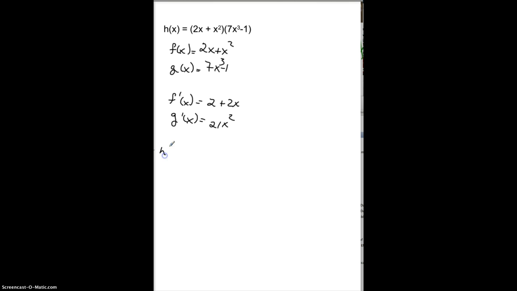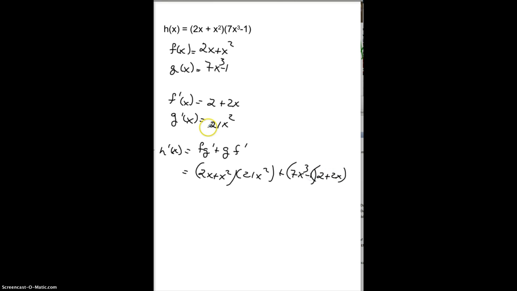So the derivative h prime of x is f g prime plus g f prime. So this is 2x plus x squared times g prime, which is 21x squared, plus g, which is 7x cubed minus 1, times f prime, which is 2 plus 2x.